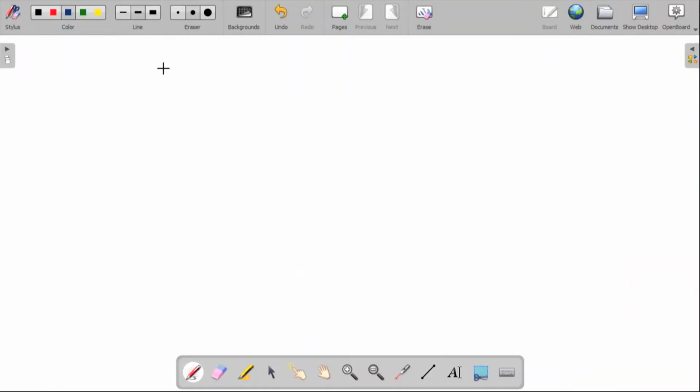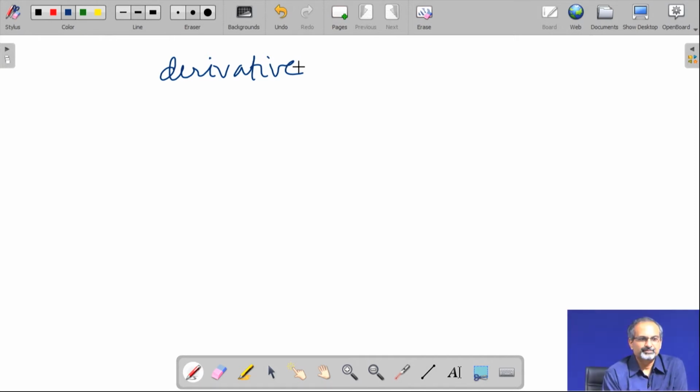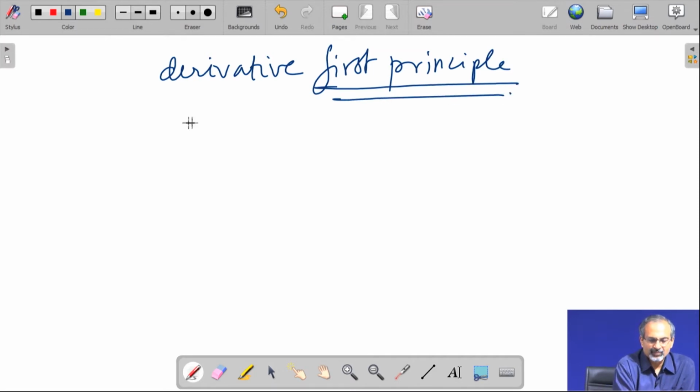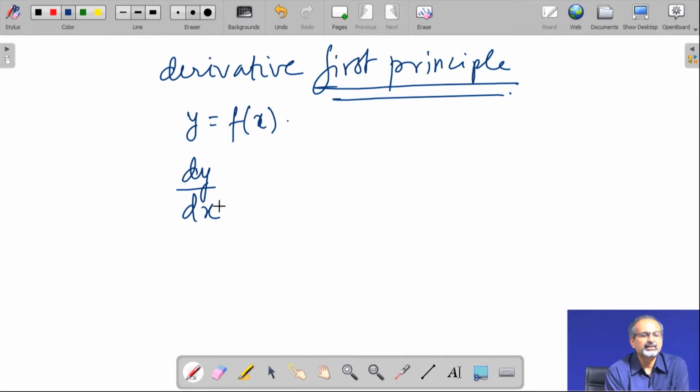In your first lessons in calculus, when you learn to obtain the derivative from first principle, you took a function y equal to f x, and then you tried to define dy dx as a limiting operation.